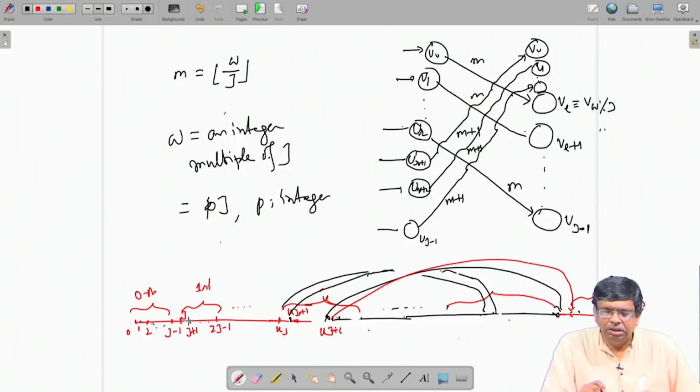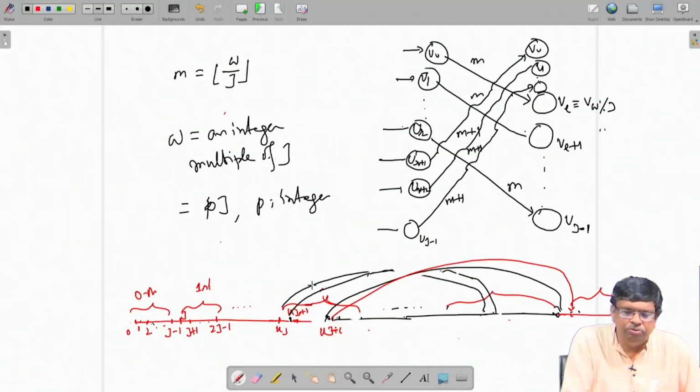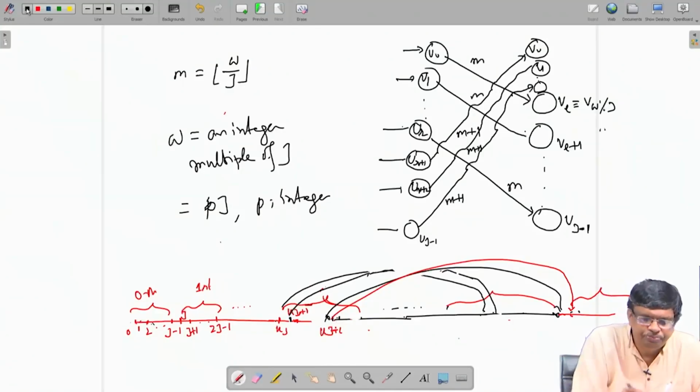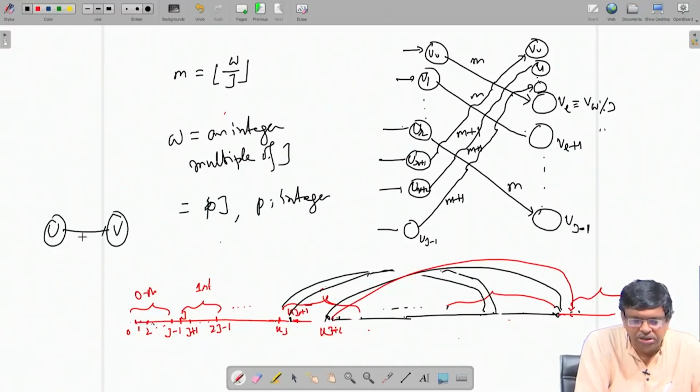Under this case, if you take any particular node, the ith copy, that means data is at kj plus i. From kj plus i we have to go to the right by W number of input clocks, because originally you are given something like this. This was the original stuff, this I cannot violate.